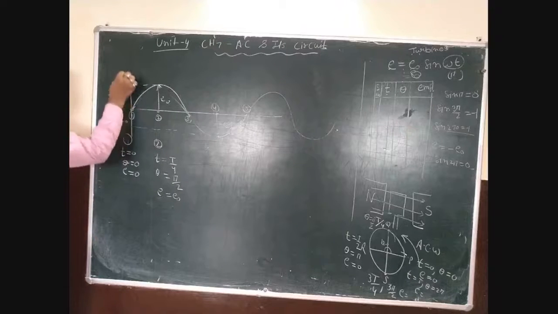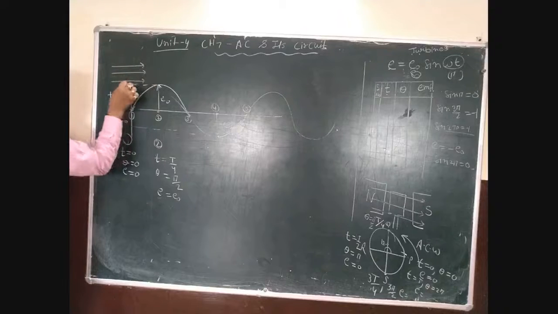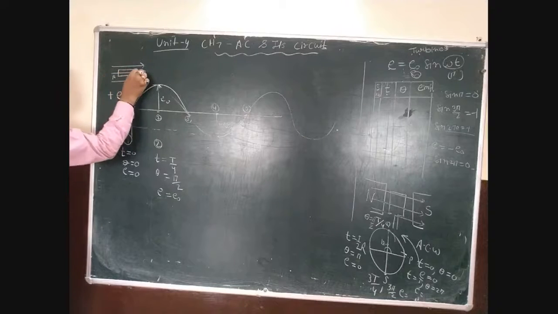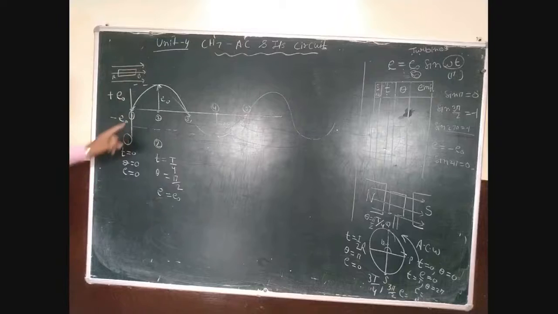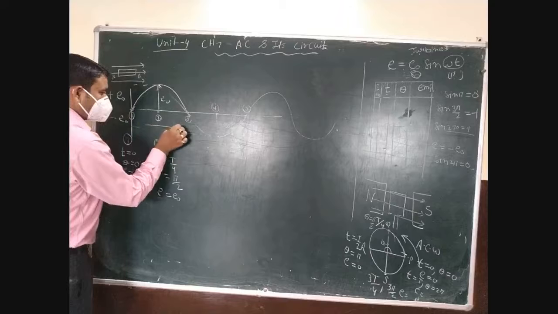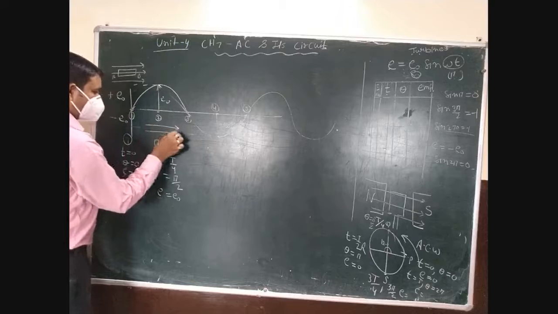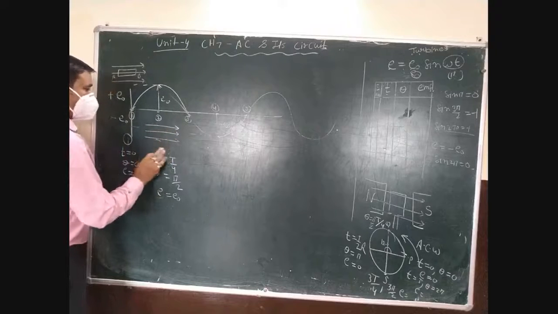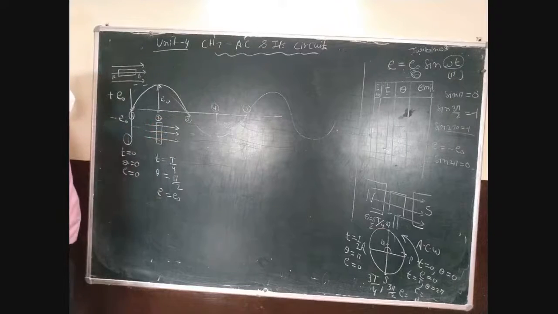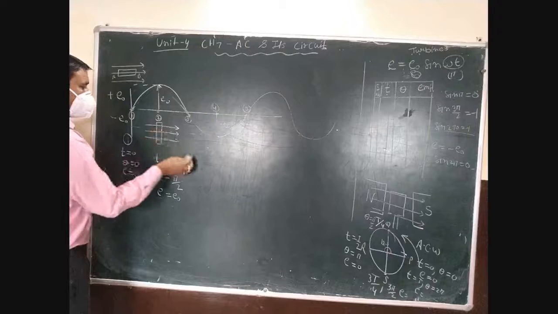For the first case, this is the magnetic field and the coil is placed like that from A to B. For this situation, this is the magnetic field, and we observe that the coil is rotating by 1/4, so that the area vector will become this.